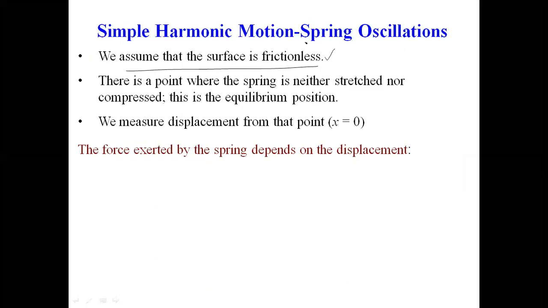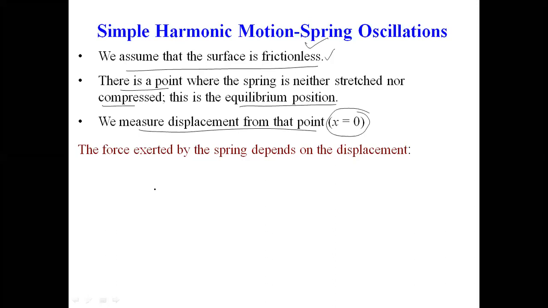So there is no friction, first one. And there is a point where the spring is neither stretched nor compressed. So there will be a point where there is no force on the spring, that is called the equilibrium position. And we measure displacement from the x equal to 0 point. So these are the prerequisite assumptions for deriving simple harmonic motion.